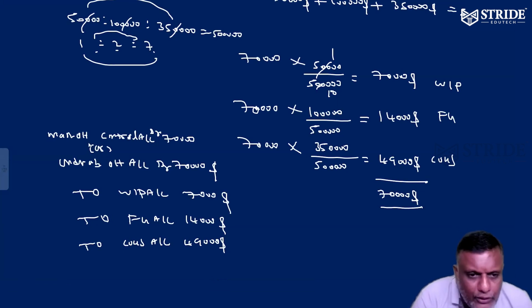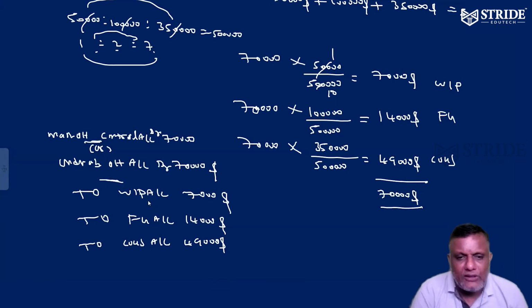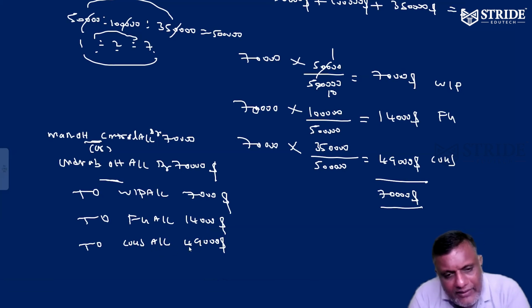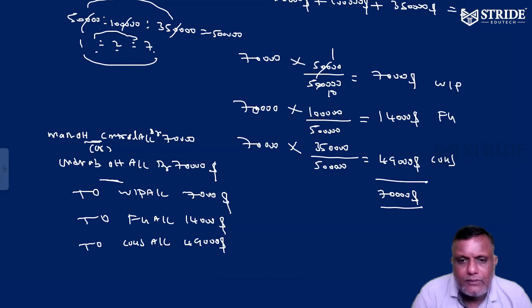Either one you can debit, both are the same. If the amount is immaterial, everything will be transferred to COGS. If material, pro rata basis. That's it. This is the way under absorption and over absorption are to be adjusted.